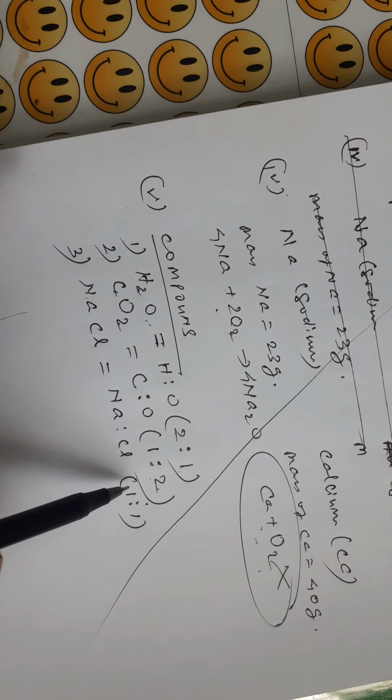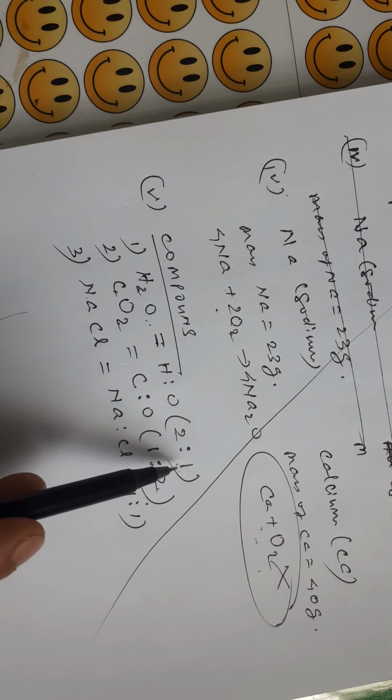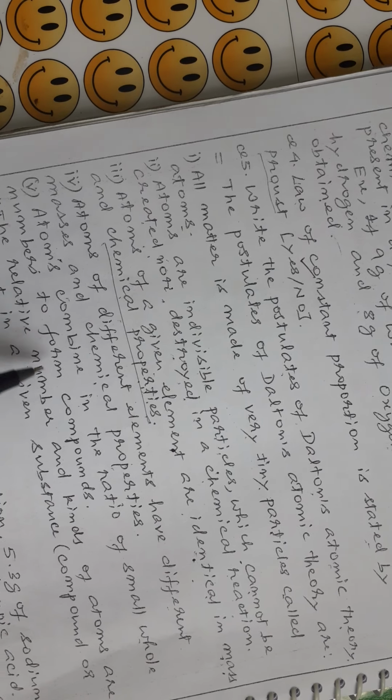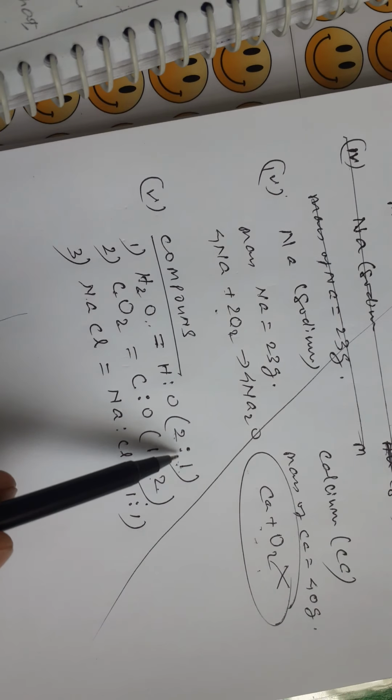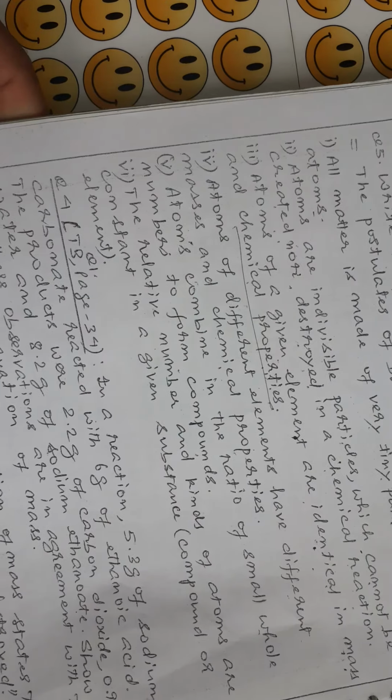Small whole numbers, not decimals. Simple whole numbers. That's what is meant by atoms combining in the ratio of small whole numbers to form compounds, like water and carbon dioxide. I hope you got it.